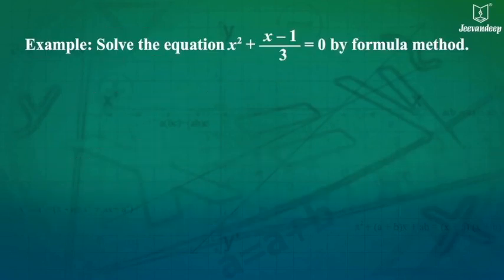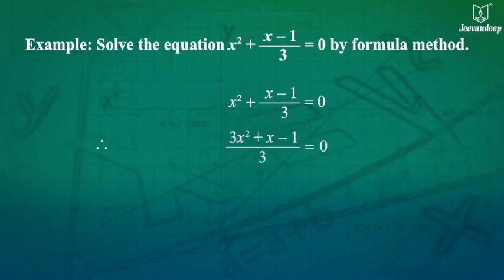Example: solve the equation x² + x - 1/3 = 0 by formula method. x² + x - 1/3 = 0 can be written as 3x² + x - 1 = 0 over 3, or 3x² + x - 1 = 0.